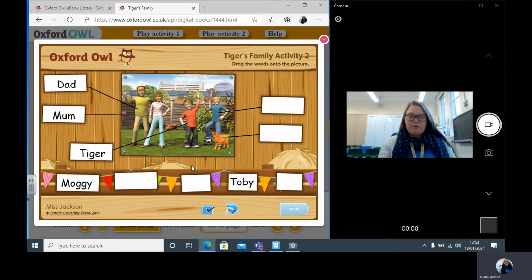These are ones that we have read in our book, but we've not done extra work on them. So let's see. We've got Moggy. Have a think. Which character was that? Can you remember? Moggy was the cat. So there's Moggy.